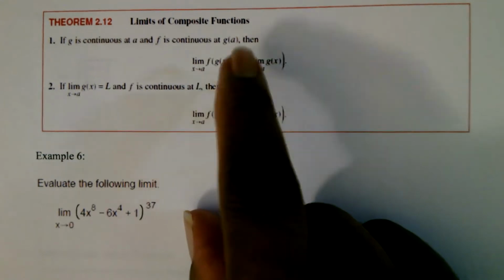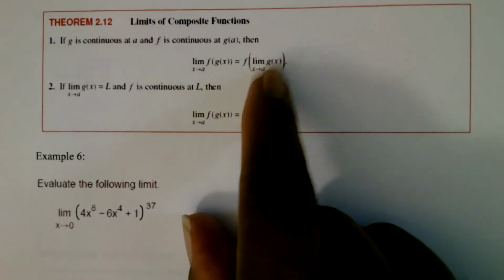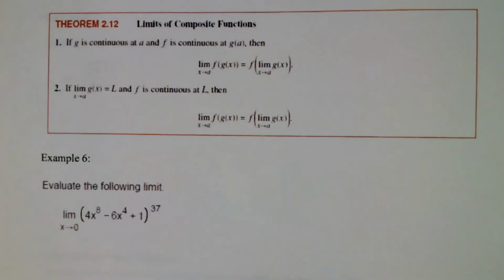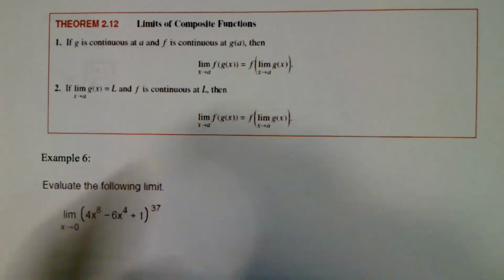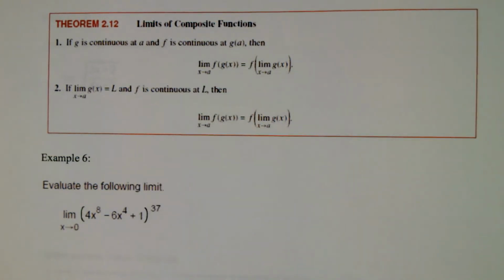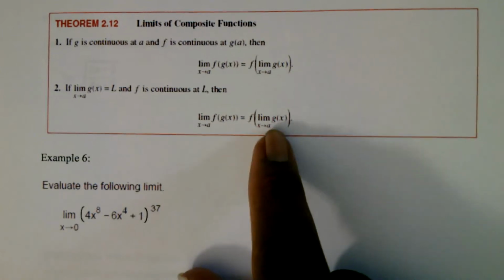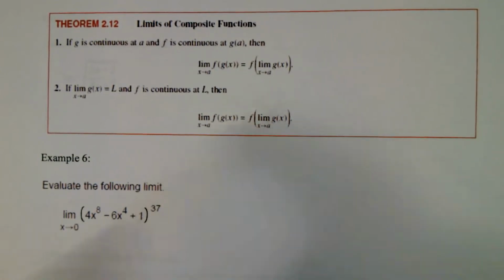Whatever this is, you'll evaluate F of it by replacing each X with that limiting value. Number two, if the limit as X approaches A of G of X is equal to L and F is continuous at L, then the limit as X approaches A of F of G of X is also F of the limit of G of X as X approaches A.